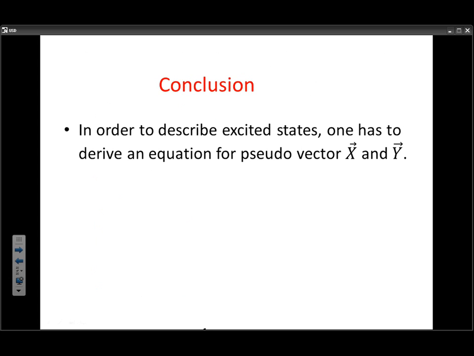So in order to describe excited states, we have to build an equation for pseudo vectors x and y. And in the next lecture, we will study how to build an equation for pseudo vectors x and y.